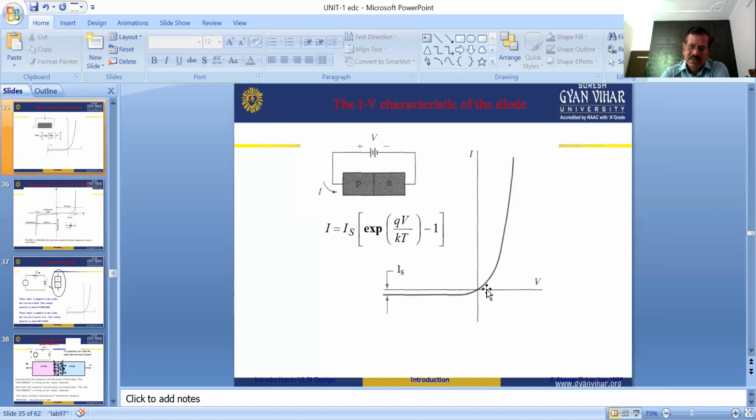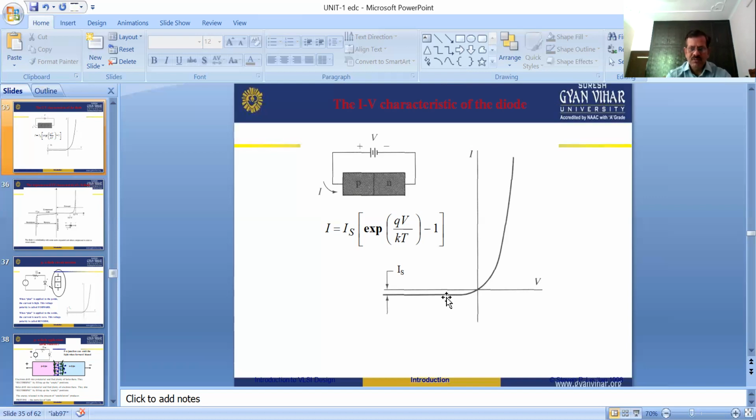In the reverse bias condition, the diode is in the off state, so there is no current flow. In the graph of current versus voltage in the third quadrant, you see that as we increase the voltage, there is no increase in current. Only a very small current flows in reverse bias condition.